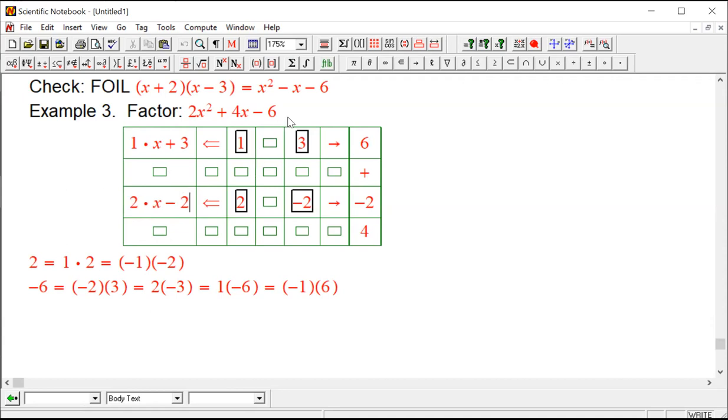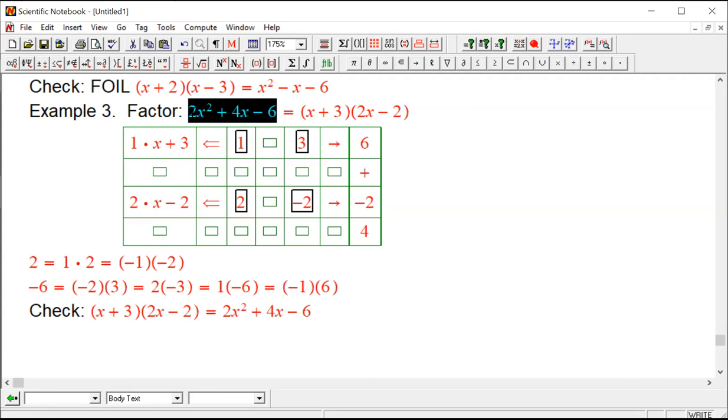So we got our factors: one of them is x plus 3, and the other one is 2x minus 2. So we found the factors. And once again, you can check if you found the right factors. You just take these, expand it, FOIL it, and get to the original. It should go back to the original expression.